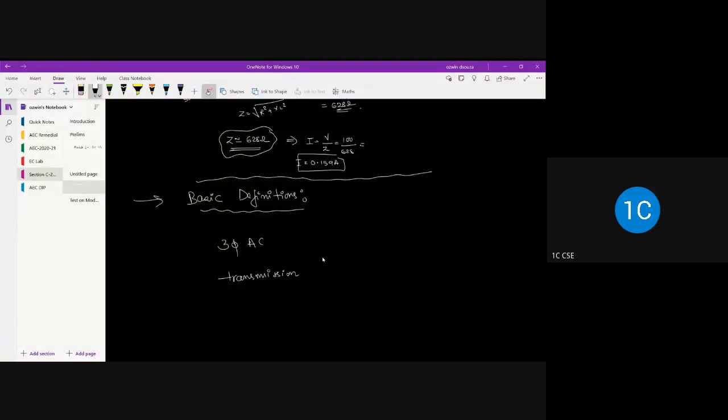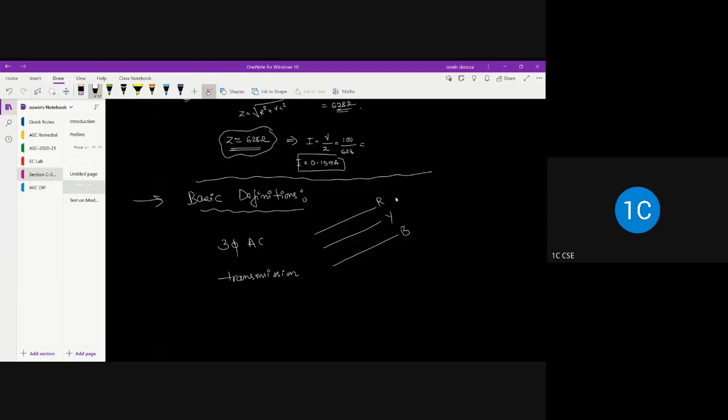AC will not be transferred in single-phase manner because, as I have told you, three-phase supply gives very high efficiency compared to single-phase supply. When you transmit three-phase AC, you will have to use three wires: a red wire, a yellow wire, and a blue wire. The colors may not be there, but this is how it is. Always you will have three wires.